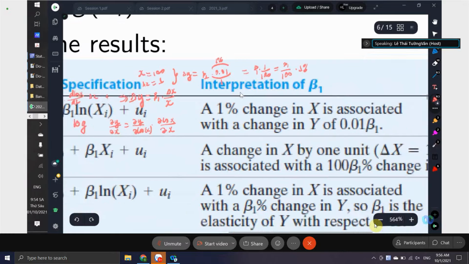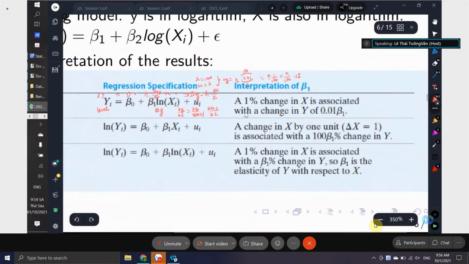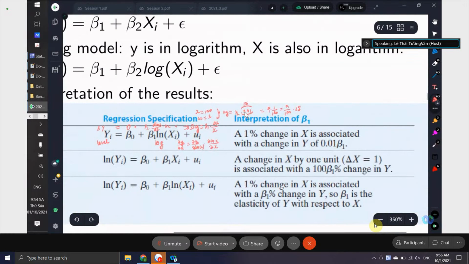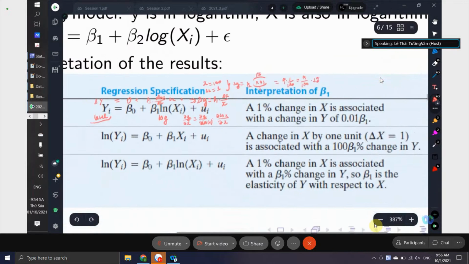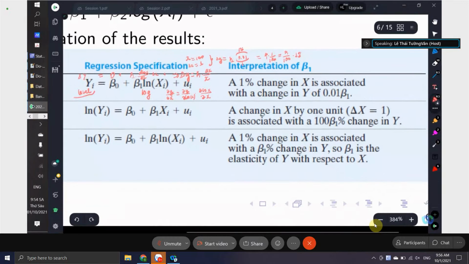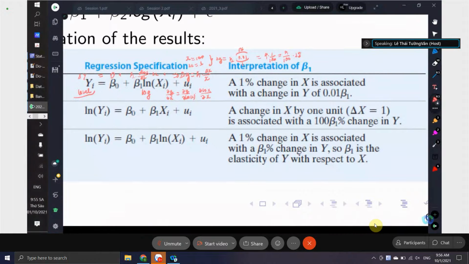Okay, remember why we have that interpretation, because on the left hand side, y is being measured in the level, right? And on the right hand side, it is in log level. So the similar interpretation will lead us to the following conclusion.